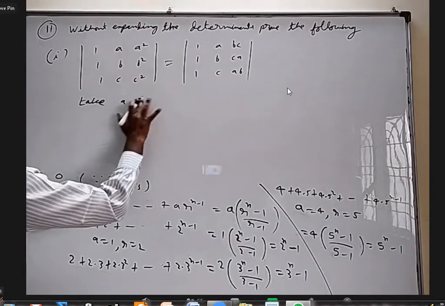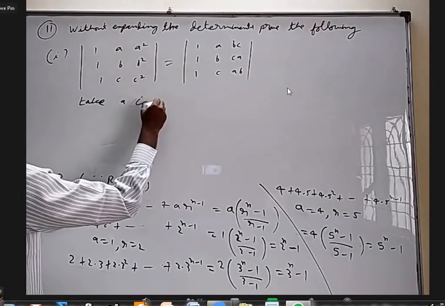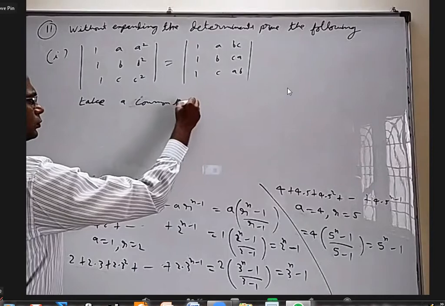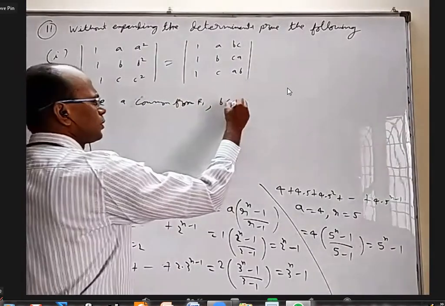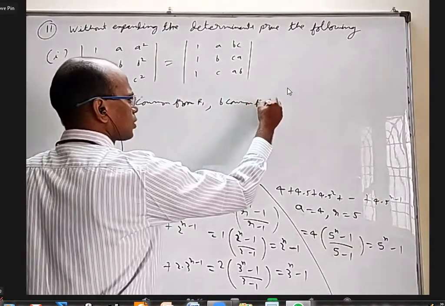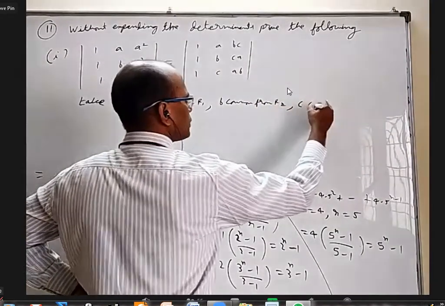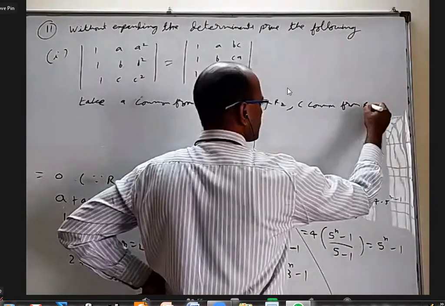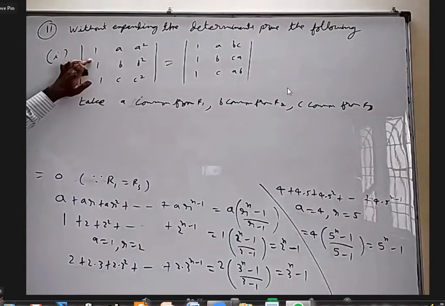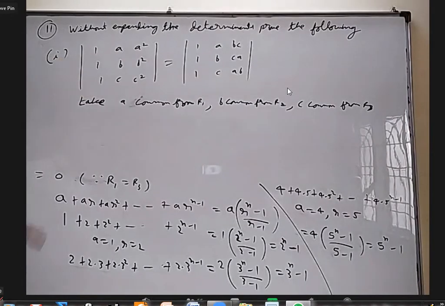Take A common from R1, B common from R2, C common from R3. One may say here A is not there. How can I take common? I'll write 1 by A after taking common.